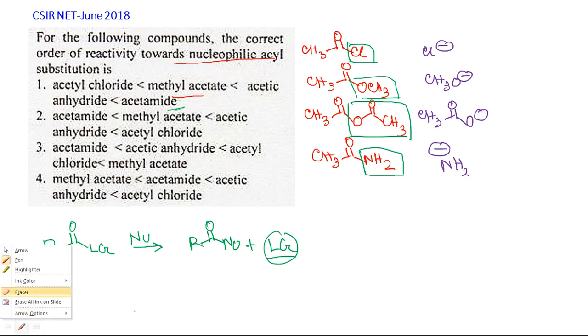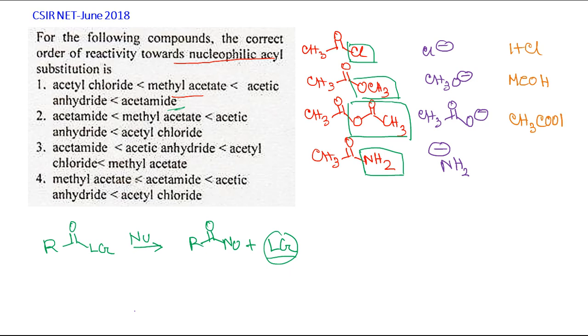Next, we will write the corresponding acid. So it is HCl, this is methanol, this is acetic acid, and this, just add one hydrogen, ammonia.